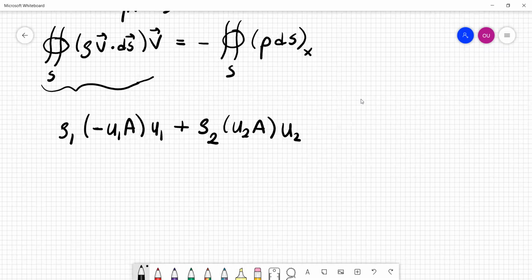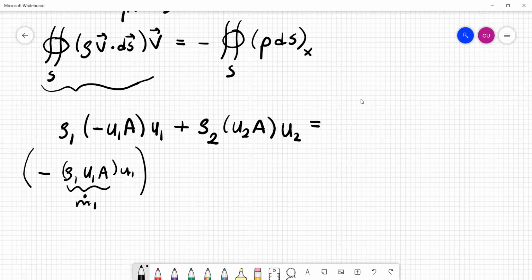So let me rewrite it: minus rho 1 u1 A times u1, and I know that this is equal to m dot 1. Mass times velocity is momentum, and in fluid mechanics, mass flow rate times velocity is the momentum flow rate, the momentum flux. Anyway, that is the balance between outgoing and incoming momentum.